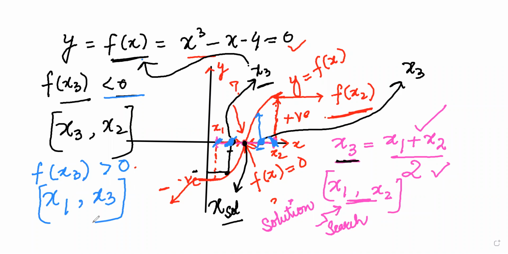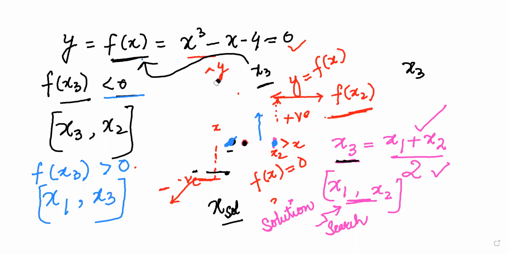Let me repeat whatever I'm saying, because I believe this is a concept that students should be familiar with to come up with the idea of the bisection method or Bolzano's method. So what the bisection or Bolzano method says, let me replot the graph.